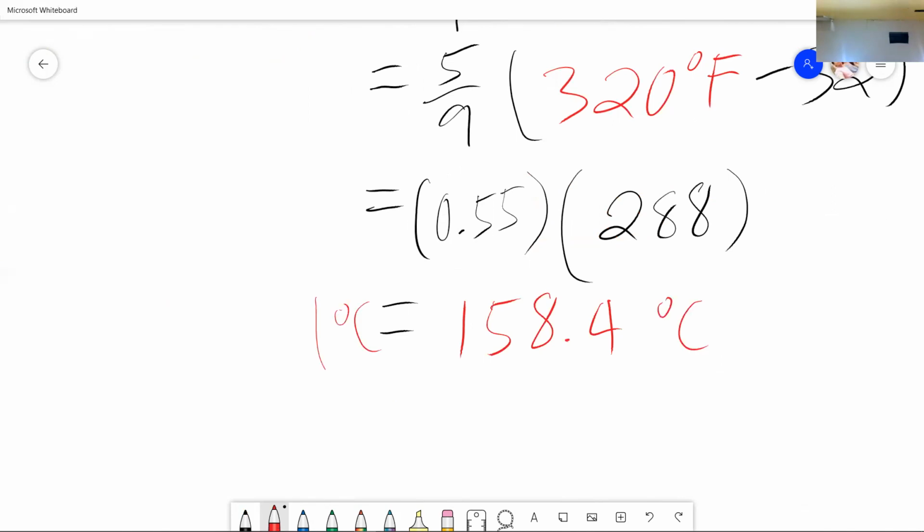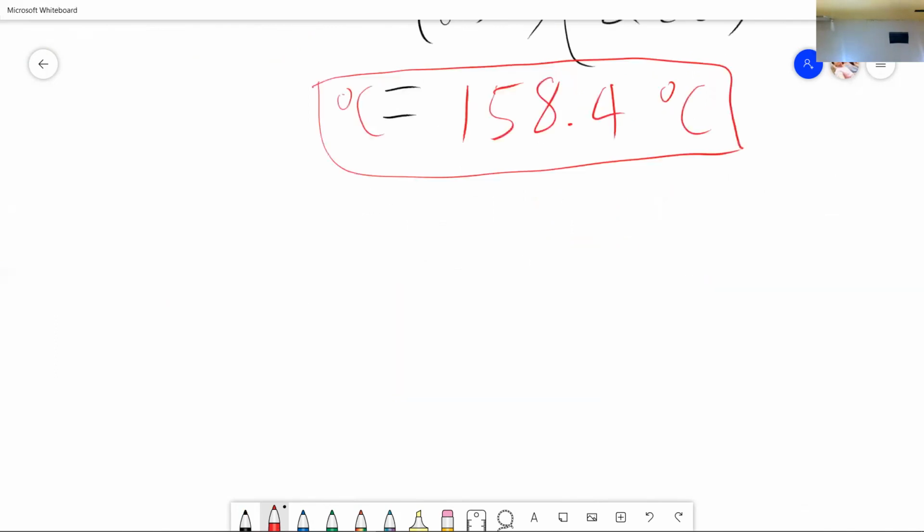So next, convert this degree Celsius to Kelvin. In our equation, K is equal to degree Celsius plus 273.15.